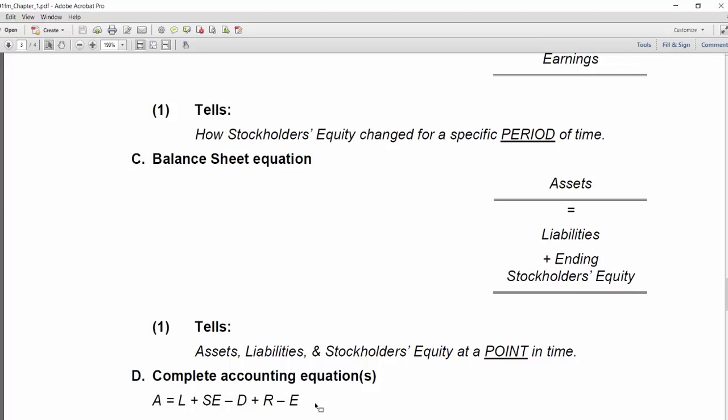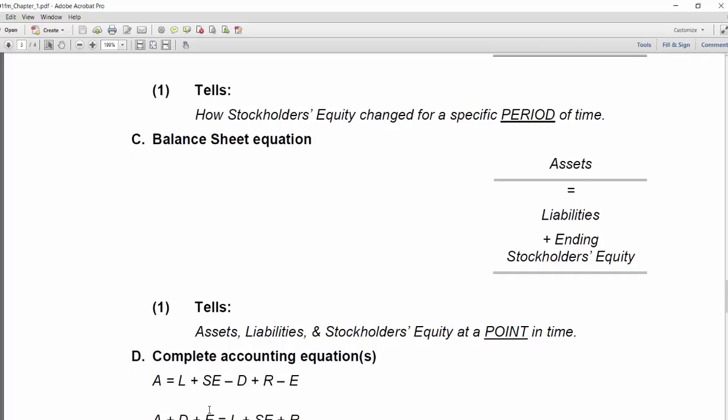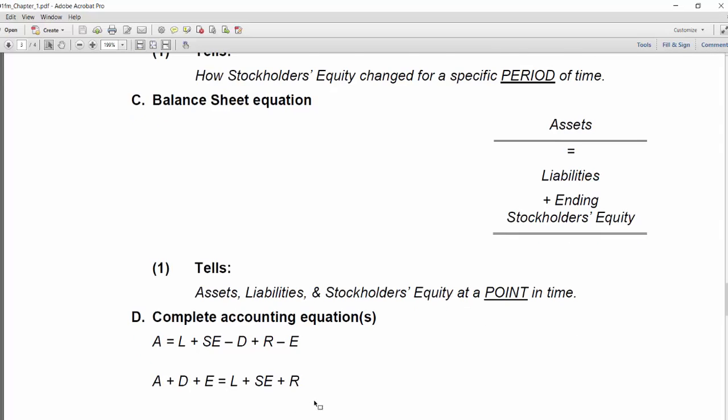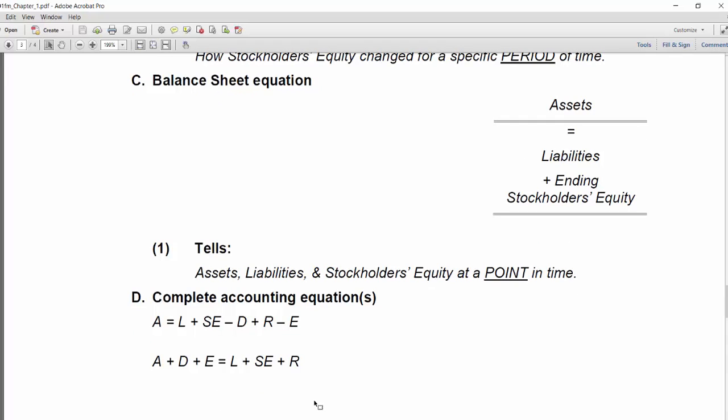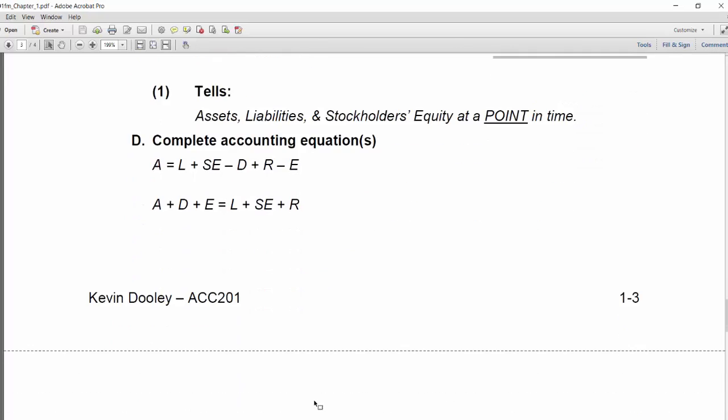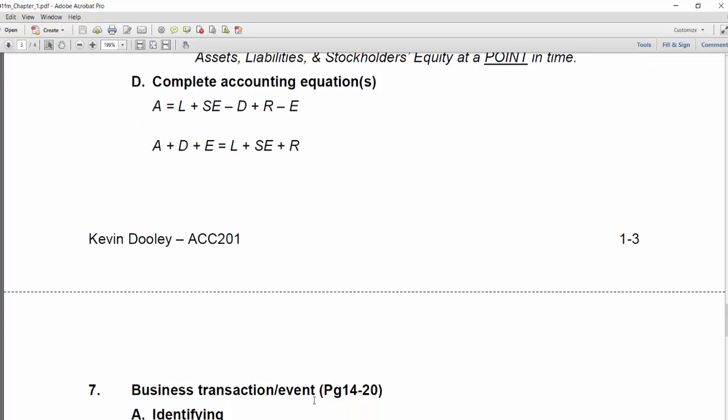You can rearrange these in an easier to remember form by just adding the negative amounts on the right side to both. And so we'll end up with assets plus drawings plus dividends plus expenses equals liabilities plus stockholders' equity plus revenue. That is a form that's helpful for when we get into Chapter 2 and discuss what's known as the debit and credit rules.